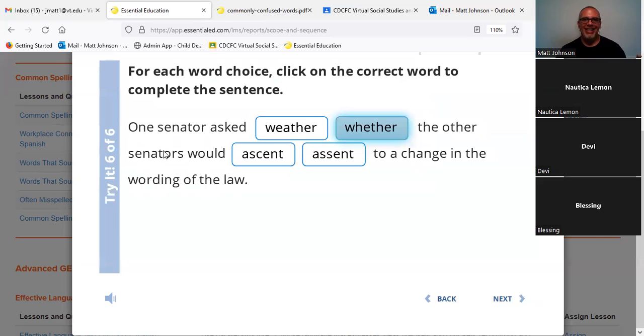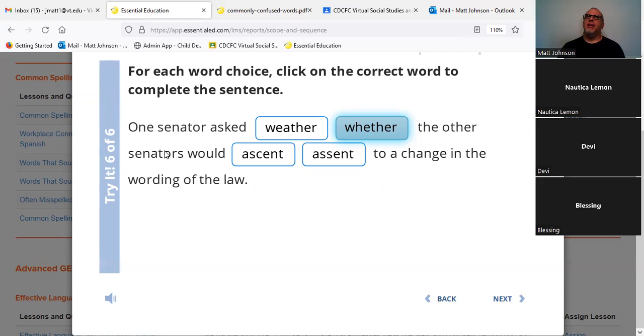And then assent. So if I ascend, right, that means I'm rising into the air. Basically, that's A-S-C-E-N-D. So ascent would be, well, no, wait, that's not past tense.